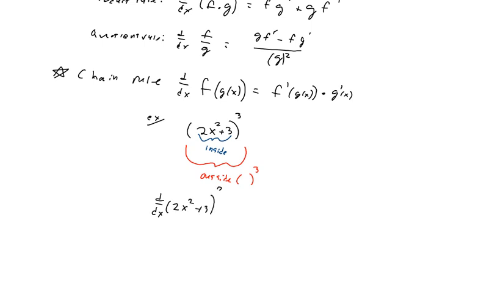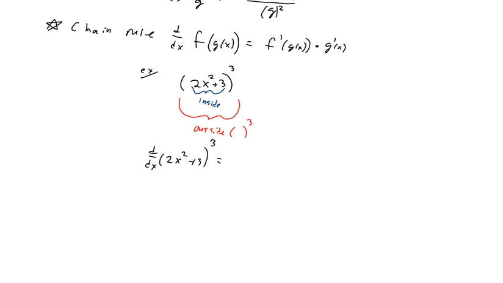So the derivative of the outside is the cube function. So I'm going to do my power rule to the whole thing. So that's going to be 3 times blah, blah, blah squared. I do not change the inside at all. This is going to stay 2x squared plus 3. So that's the derivative of the outside.